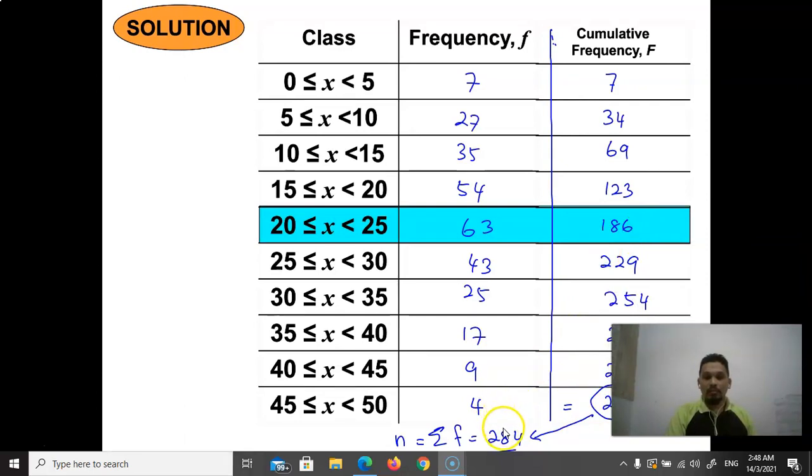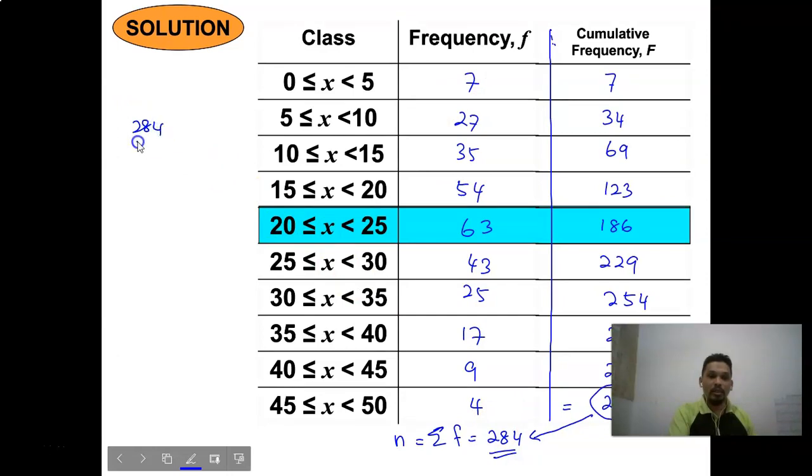Okay. Now, we find the midpoint from the beginning of 0 until 284. 284 divided by 2 equal to 142.